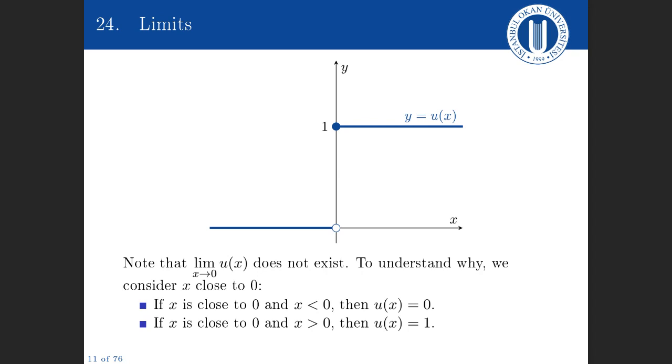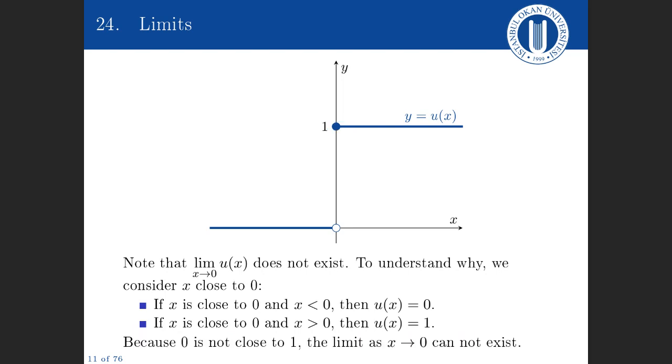First of all, if x is close to 0 but less than 0, so in other words, if we're on the left, how does the function behave? The function is always equal to 0. And if x is close to 0 but bigger than 0, so looking at this part now, how does the function behave? The function is always equal to 1.